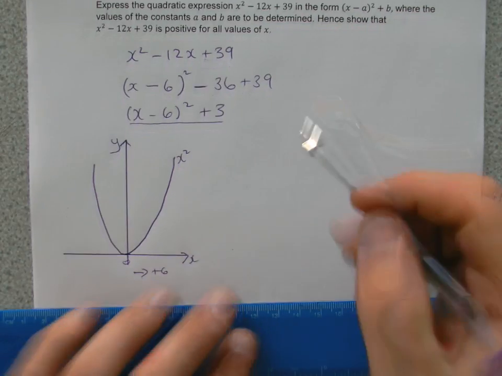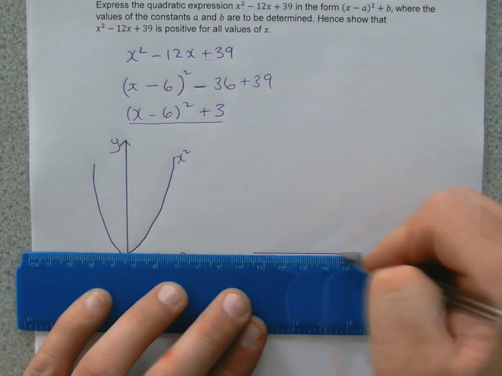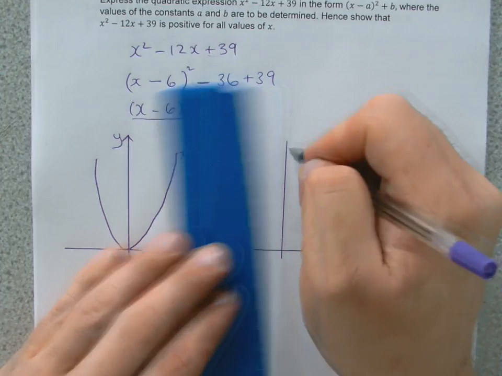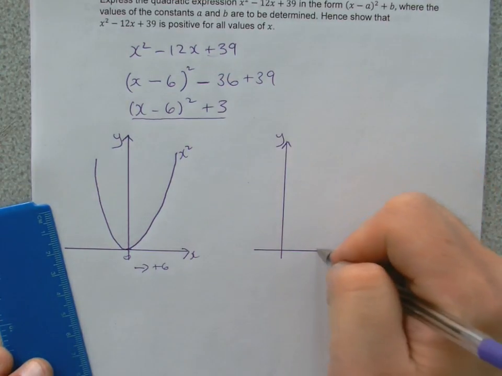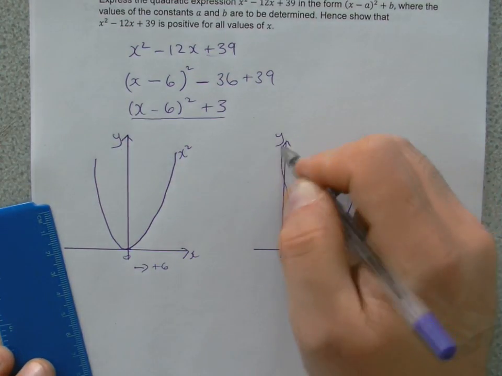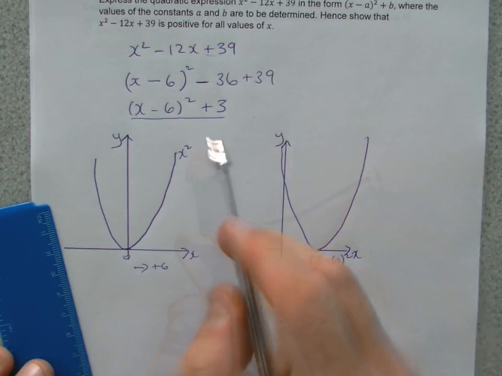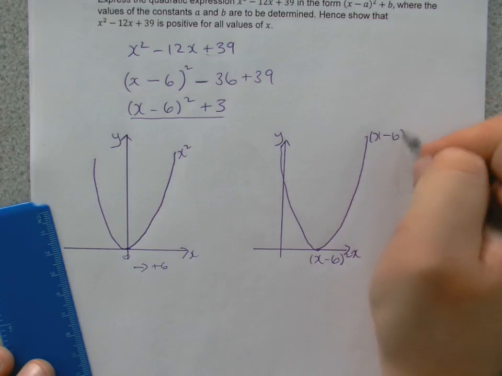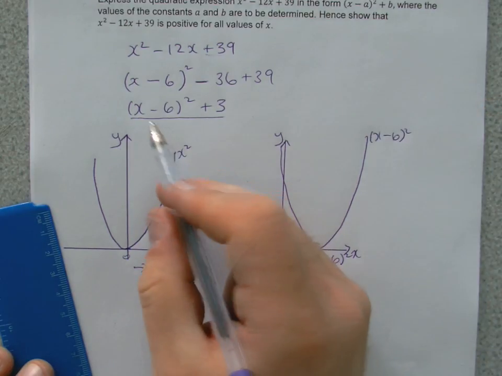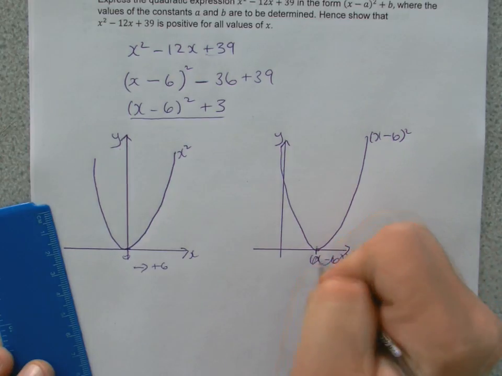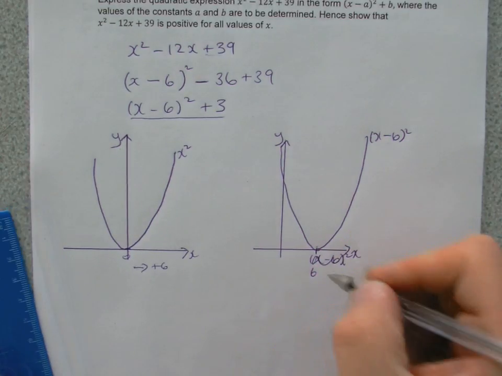So we're going to shift that along to get our quadratic graph, and this will become (x minus 6) all squared. So I can write 6 down here, because it's shifted along 6 along the x-axis.